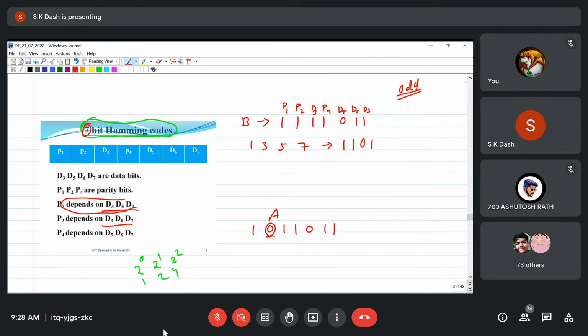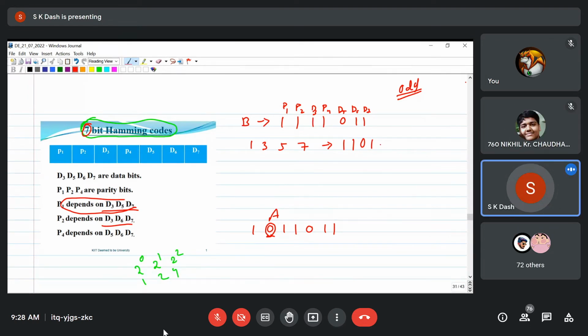That person will count the number of ones. There are 3, so it is odd parity, which means no error. Next combination is 2, 3, 6, 7: 2 is 1, 3 is 1, 6 is 1, 7 is 1. How many ones?